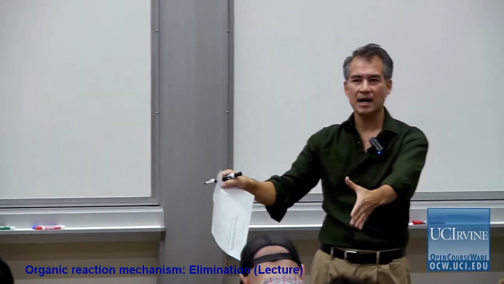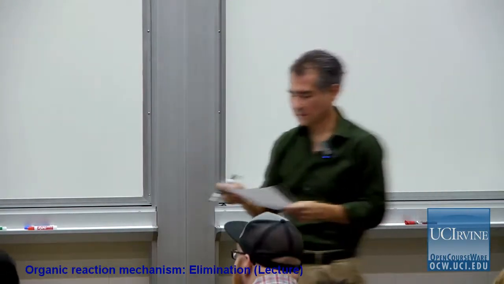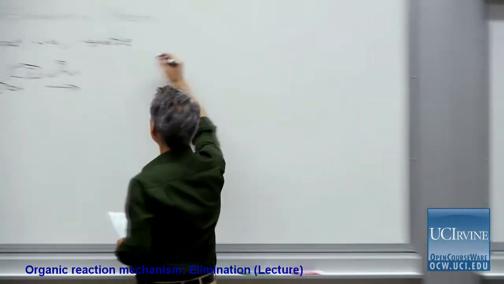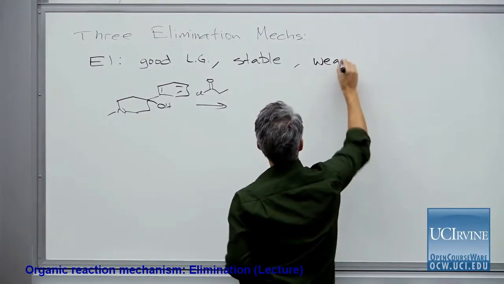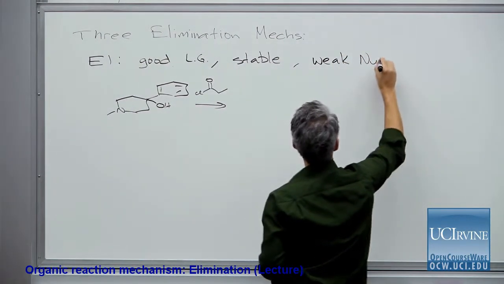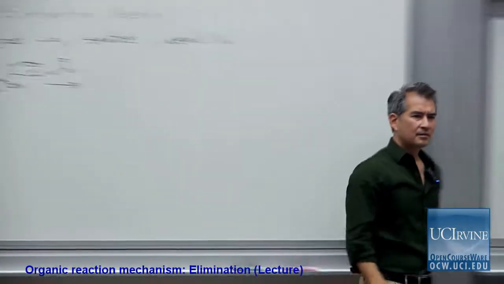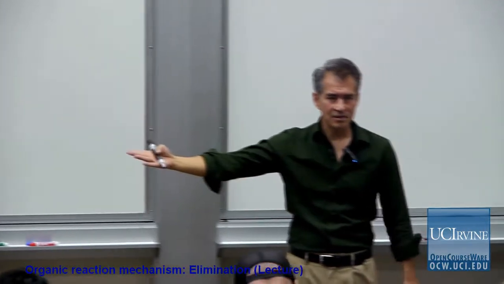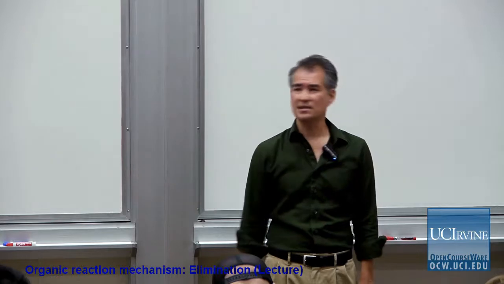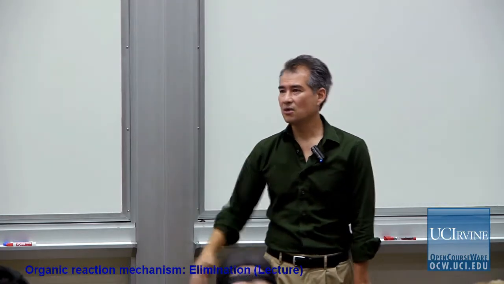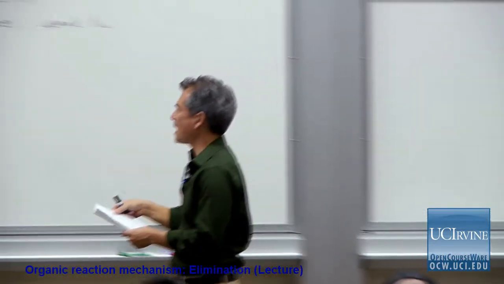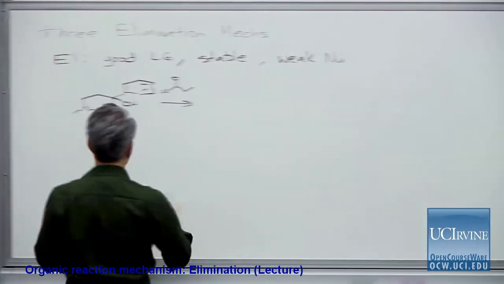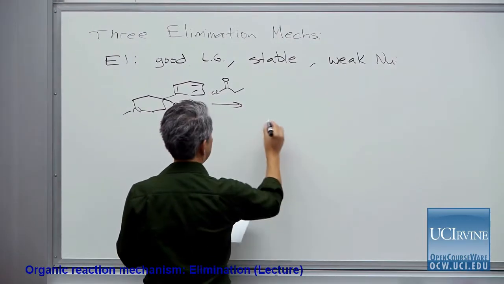First you generate a carbocation, then in a second step you pull off a proton. Another characteristic of these reactions is that you have weak nucleophiles. If you had a strong nucleophile, you'd end up with an SN1 reaction. So it's typical of these reactions that you have this combination of factors going on. So let's talk about an example here.